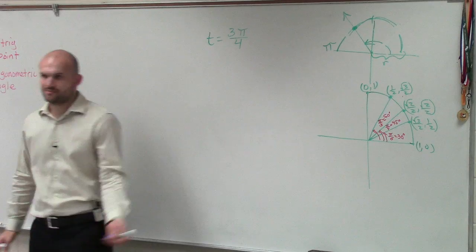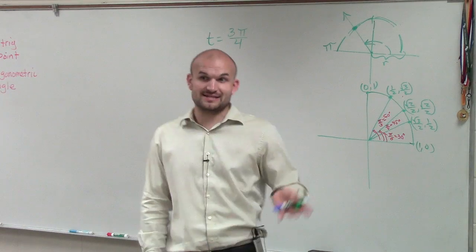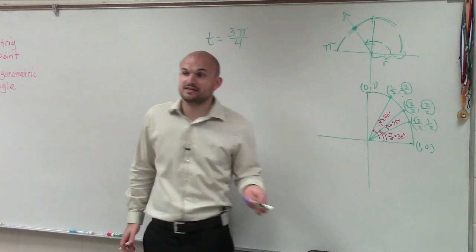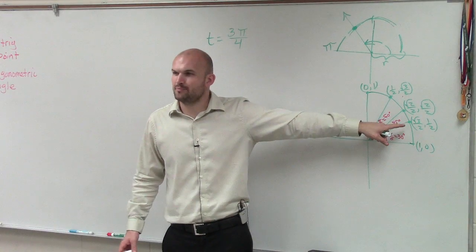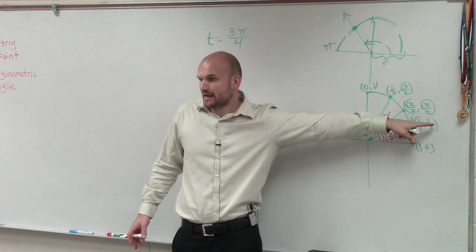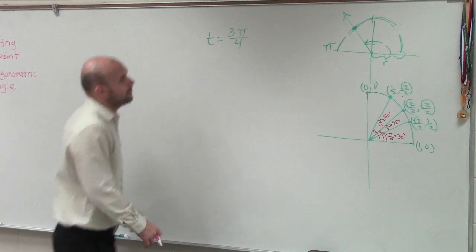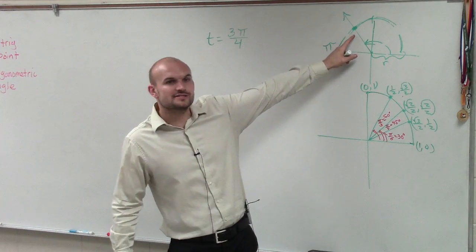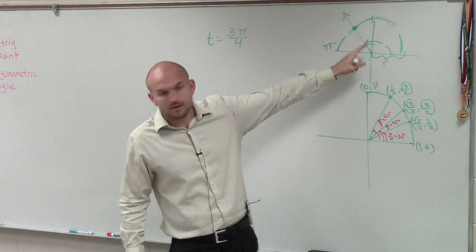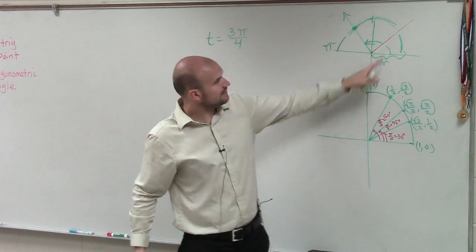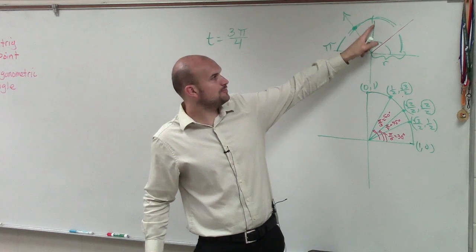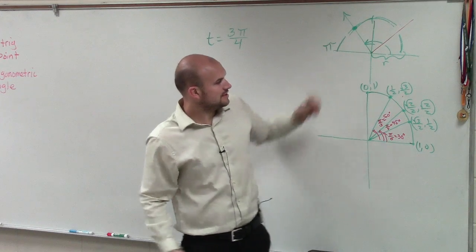So that's where we got this. If I said, is there a point on the unit circle at 30 degrees? Yeah. What is that point? Square root of 3 over 2, 1/2. So what point is this? This is 3 pi over 4. If you think about this, that's pi thirds, 2 pi thirds, and 3 pi thirds.